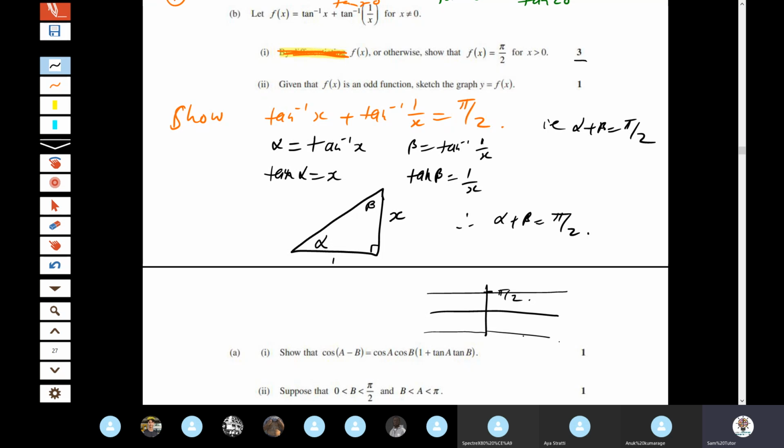Oh, for x greater than 0. Okay, perfect. It's y equals pi on 2 for x greater than 0, and of course, because it's odd, negative pi on 2 also works.